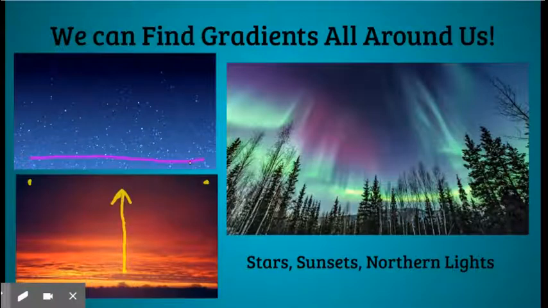And then our gradient goes up again and it blends into the dark blues and the black one more time. So this gradient, we would say, I see a gradient going from blue all the way to black.